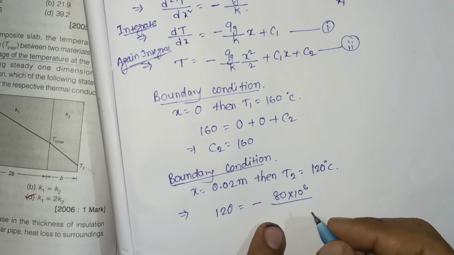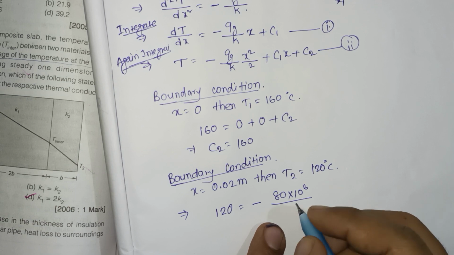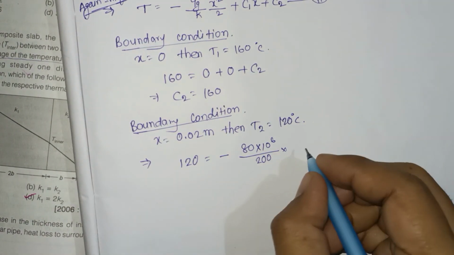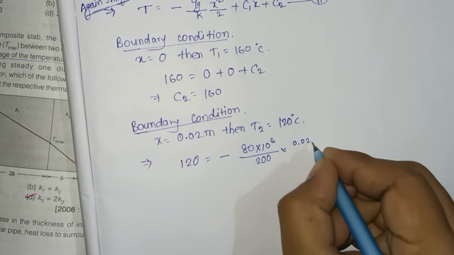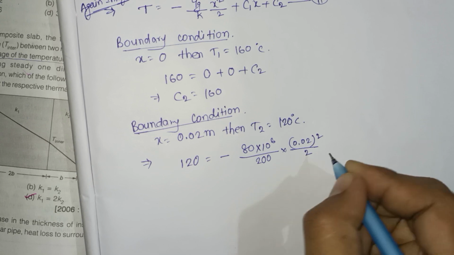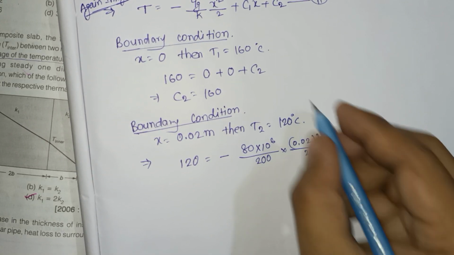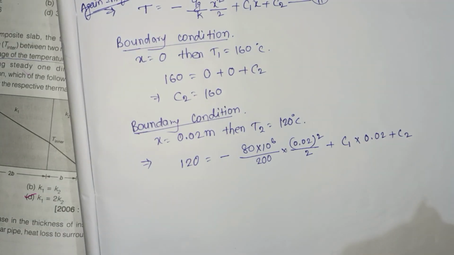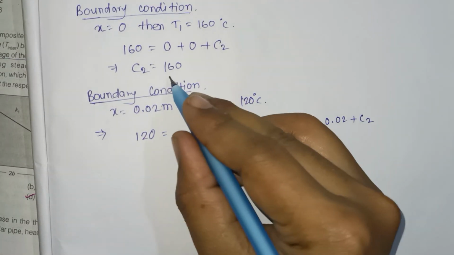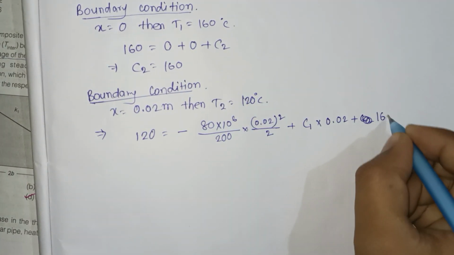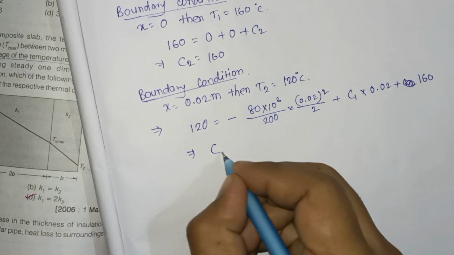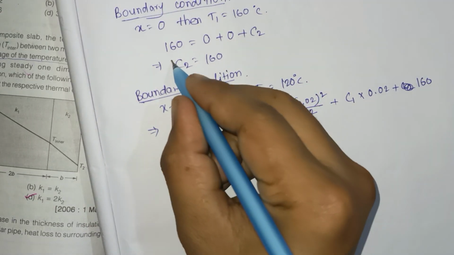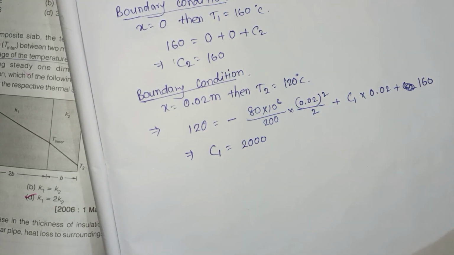What is the value of k? 200, into x square by 2, that is 0.02 square by 2, plus c1 into 0.02 plus c2. What is the value of c2? That is 160. So from here, if you calculate, C1 is equal to 2000 and C2 is equal to 160.